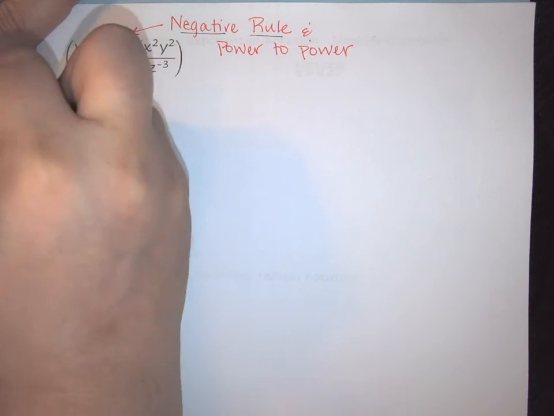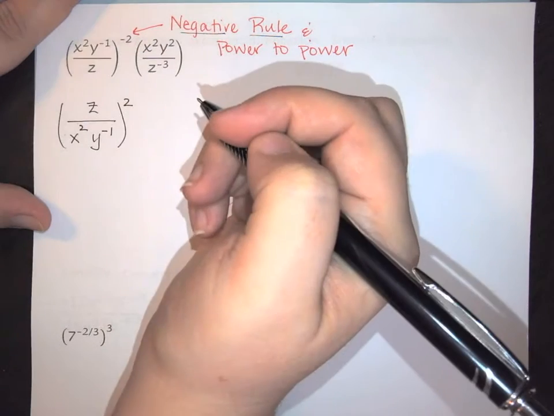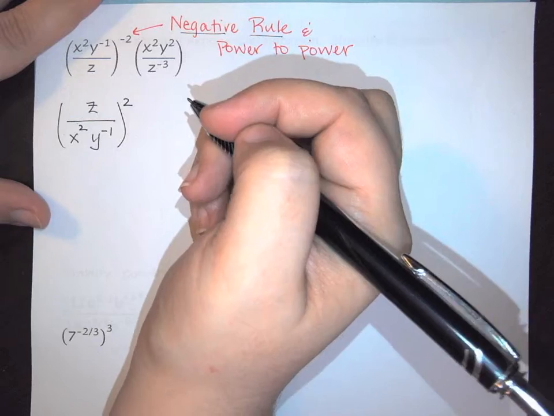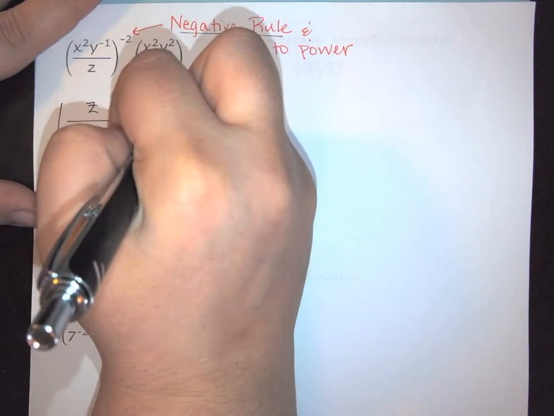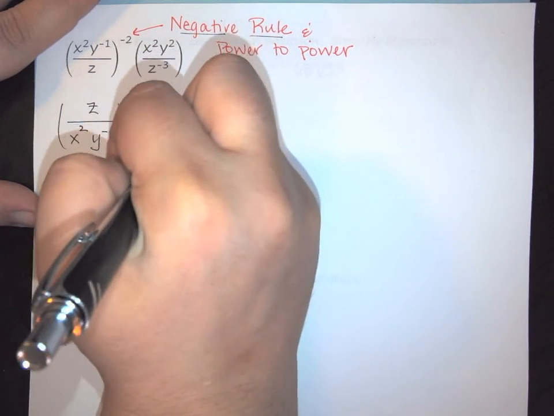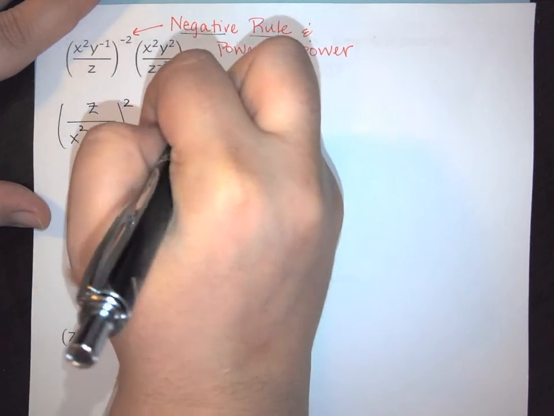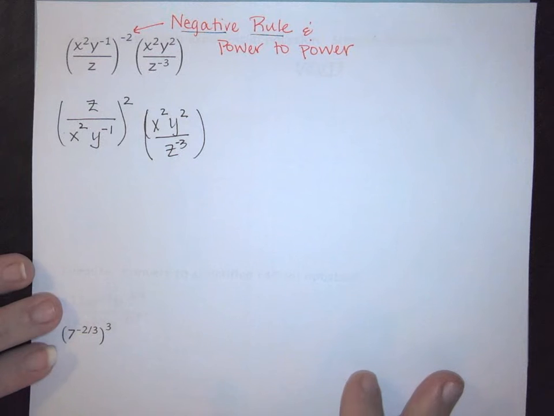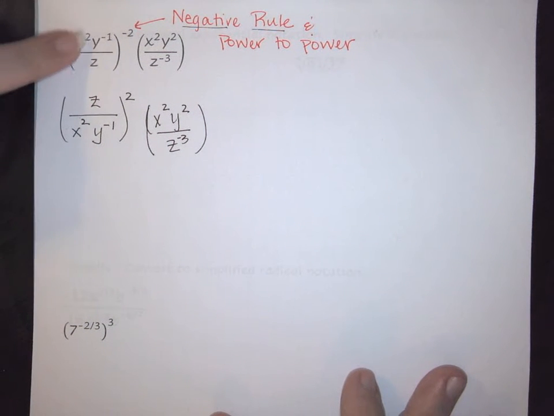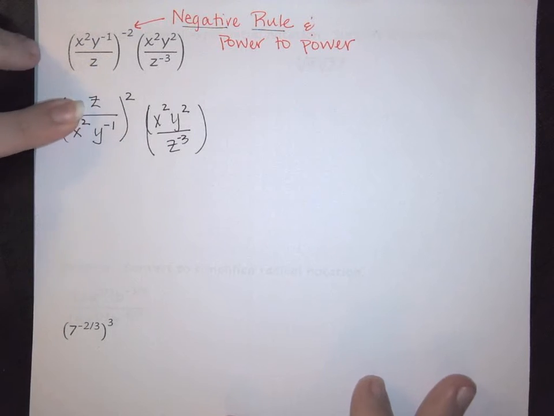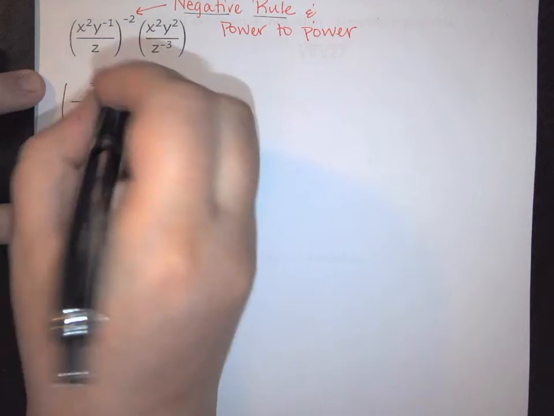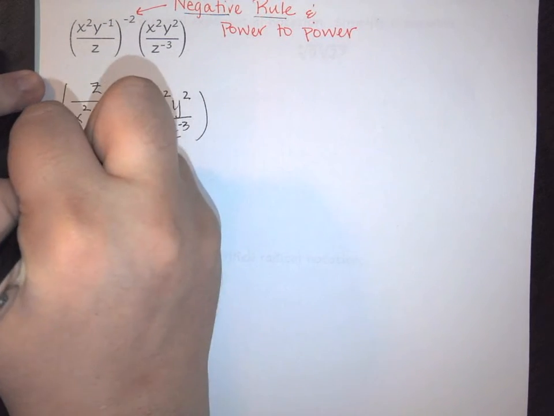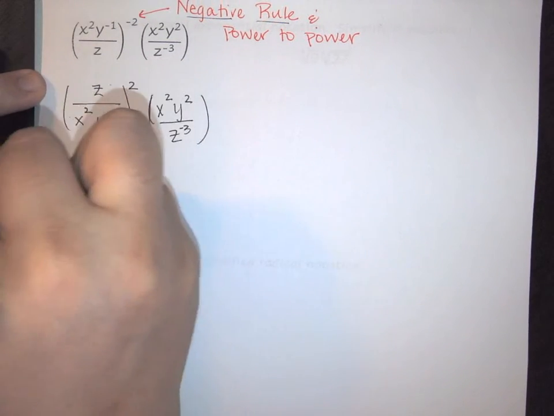y to the negative first, squared. And then we're going to multiply that by x squared y squared over z to the -3. Okay. So the first thing we did with this first one is we applied that negative rule. So now we need to apply the power to a power rule. The power to a power rule says that we're going to take the 2 and put it inside. So this is going to become z squared.